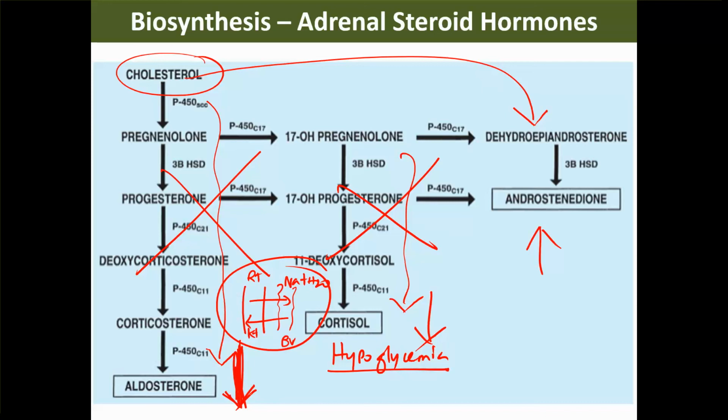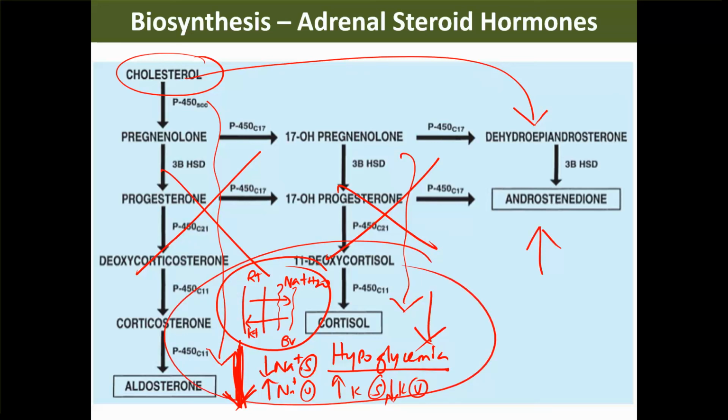If there is less aldosterone, the sodium is lost, so serum sodium is reduced, urine sodium is increased, and serum potassium is increased, urine potassium is decreased. So this will be the scenario in this case. The sodium is going out, it is called salt wasting syndrome.